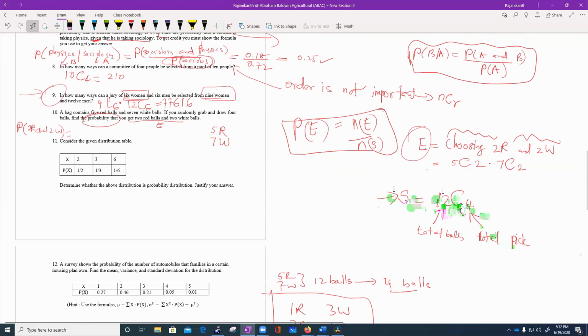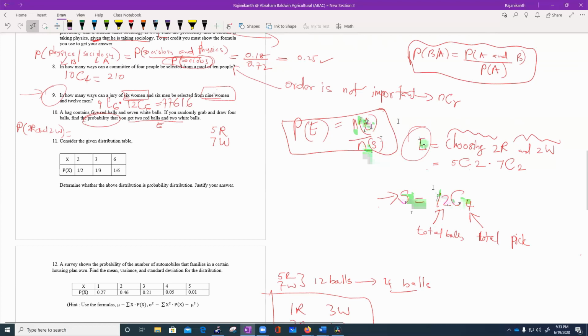Right. Now remember, the question is finding the probability. So I'm going to use this formula. The probability of event E, choosing 2R, 2W, is simply the number of ways you could perform the event E, divided by the number of ways you could perform the sample space, the entire picture. So the entire picture can be done in 12 choose 4 ways.